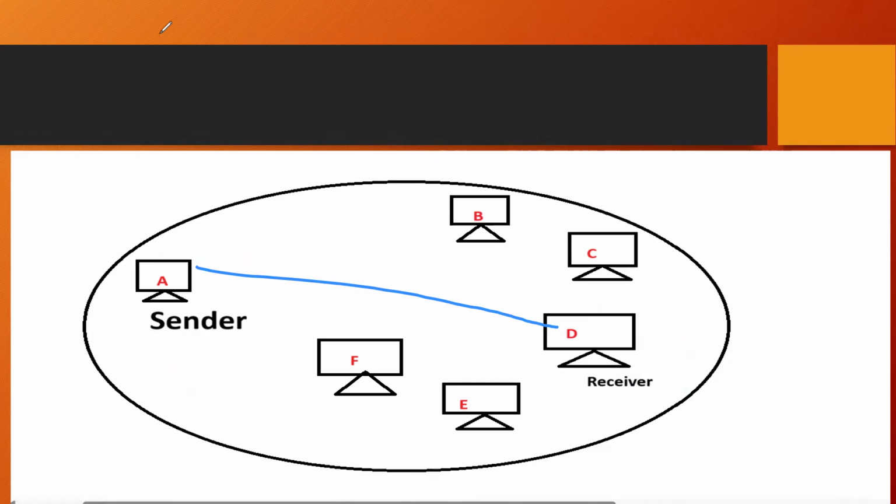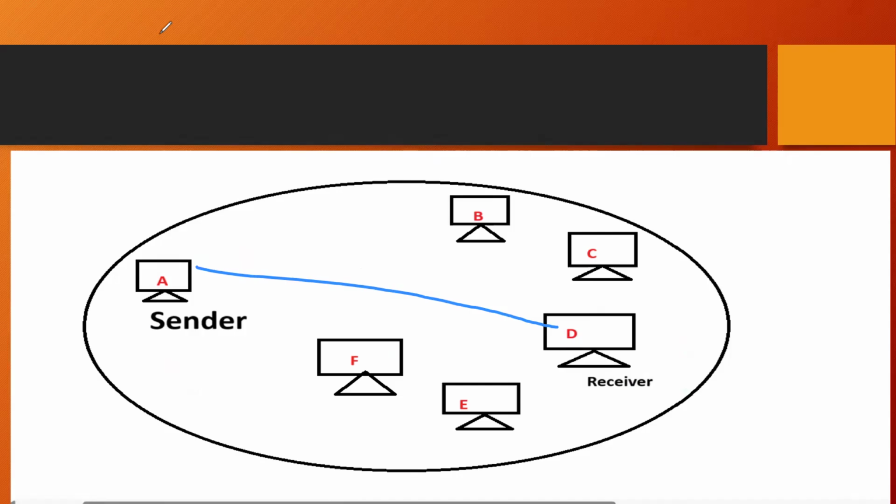After that there are the network layer, MAC layer, and physical layer. The bottom three are called the hardware layers, the upper three are the software layers, and between them is the transport layer.